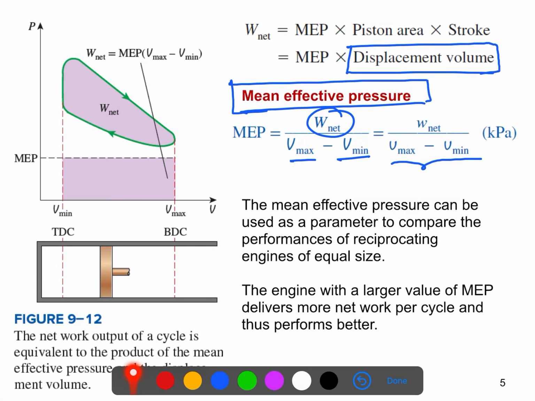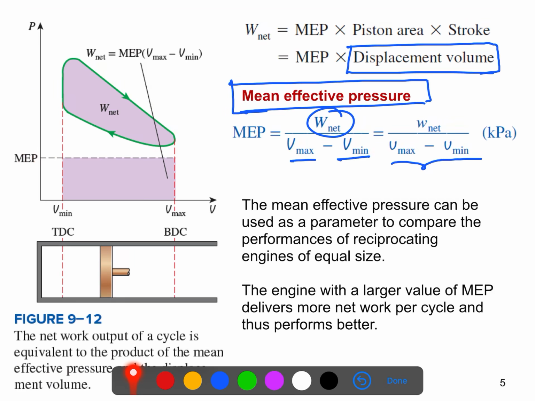Here you can see how we can calculate the net work output. The net work output is the mean effective pressure times the displacement volume. Mean effective pressure can be used as a parameter to compare the performance of reciprocating engines of equal size. We'll discuss this during the lecture.